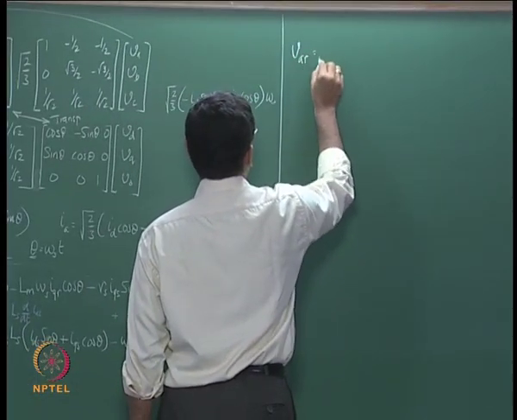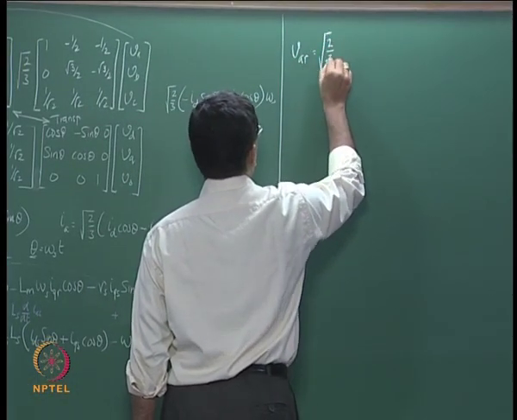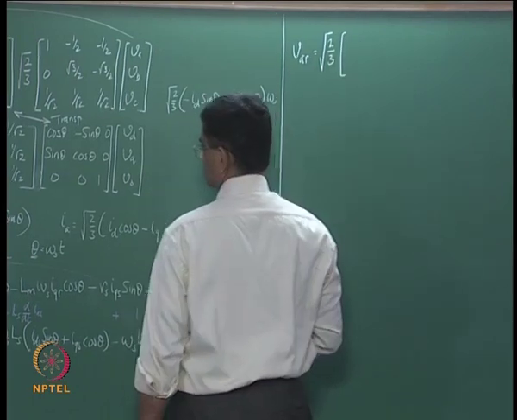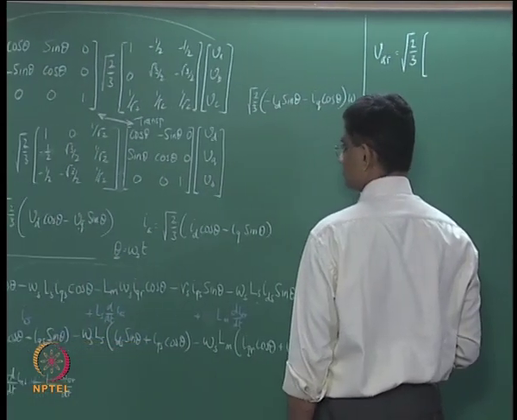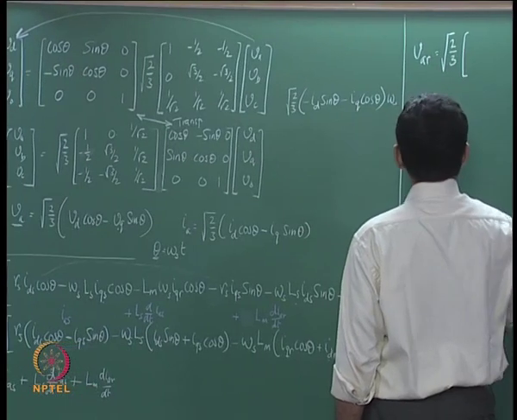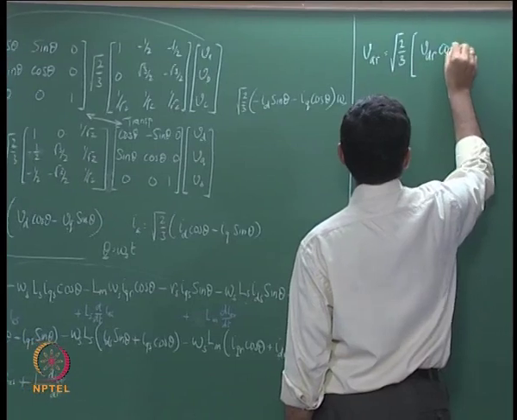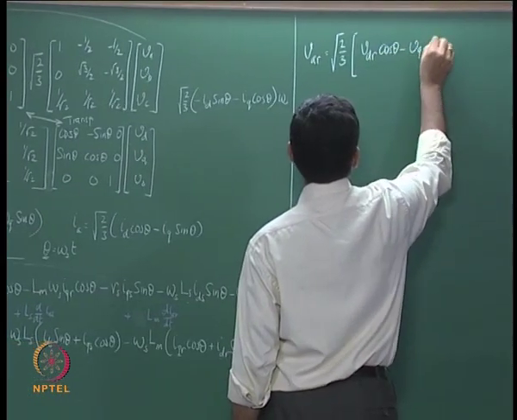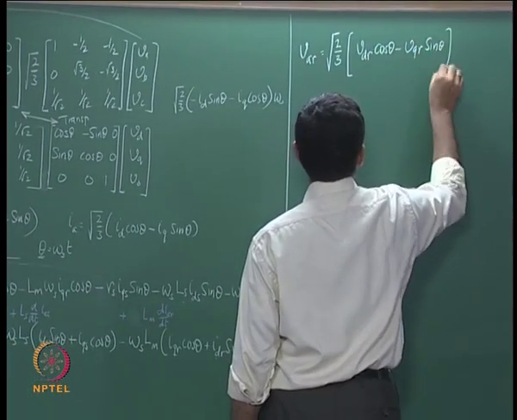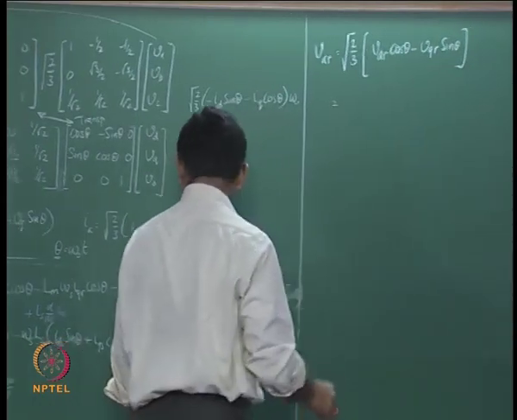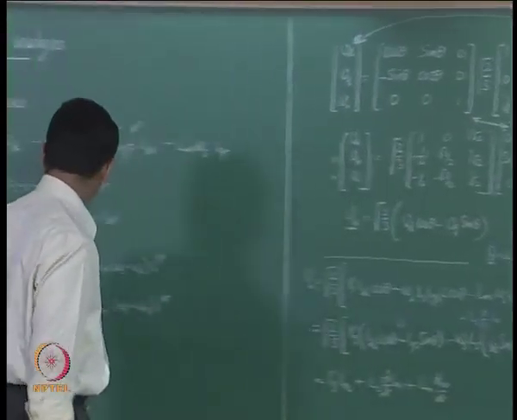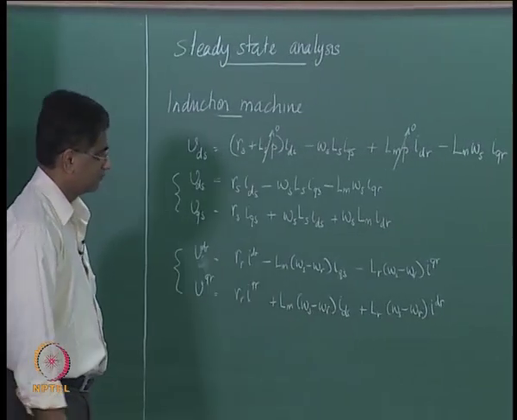VAR is again nothing but root 2 by 3 times VDR into cos theta minus VQR into sin theta, which can be taken up from these two expressions.